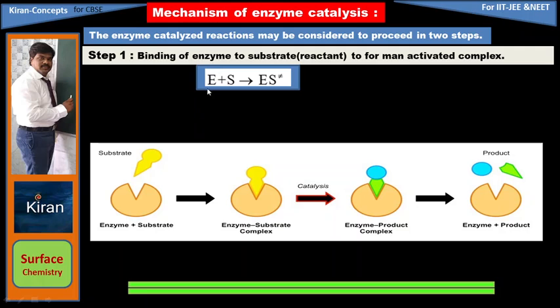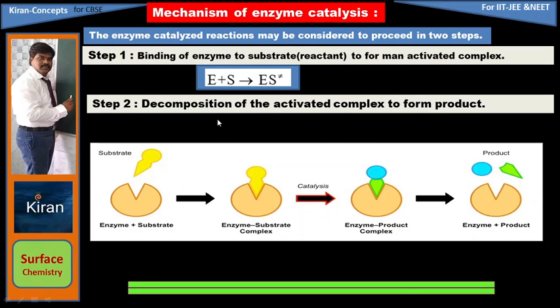So E stands for enzyme, plus substrate, which means reactant, and you get an activated complex. Step 2: decomposition of the activated complex to form product. First is the formation of the activated complex by the combination of enzyme and substrate, that is reactant, and that activated complex is again decomposed into the products.